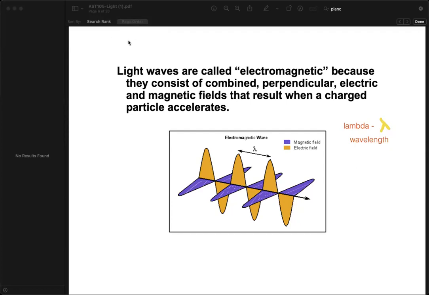Okay, so different waves can have different wavelengths. So for example, the red part of the electromagnetic spectrum has a long wavelength. So we'll choose red here.